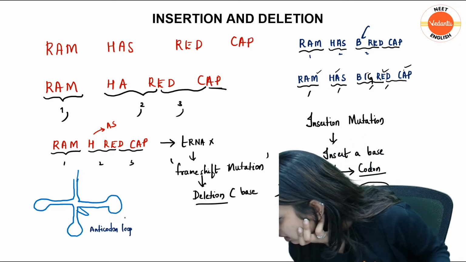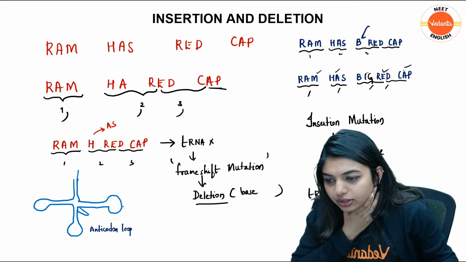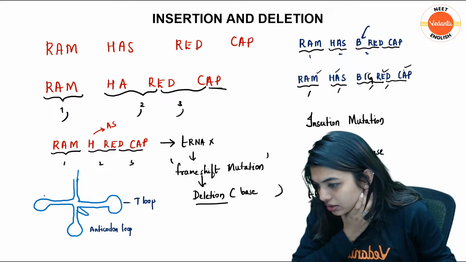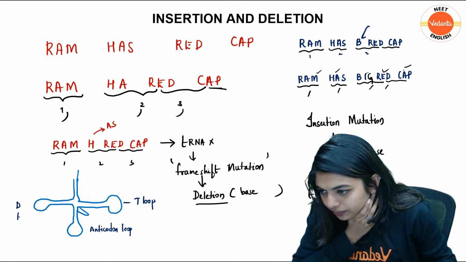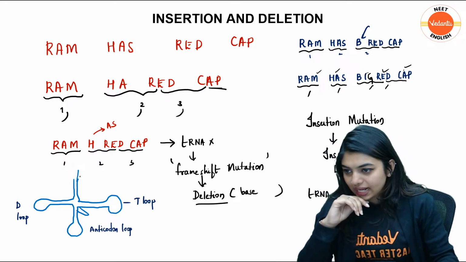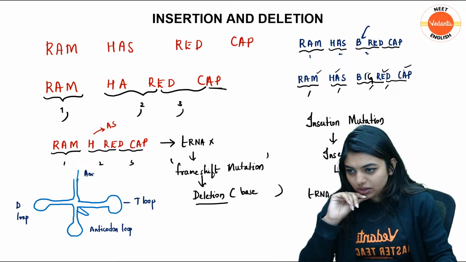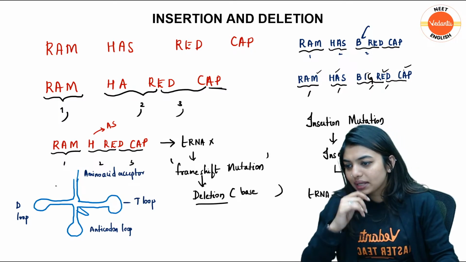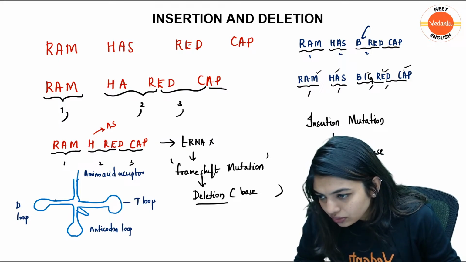Is this visible? This will be called the T loop, and here the D loop. And here you will have your amino acid acceptor site, where the amino acids will be accepted. Clear?